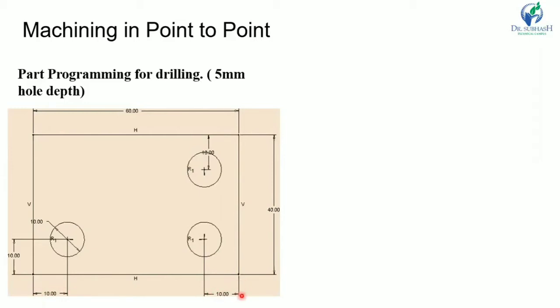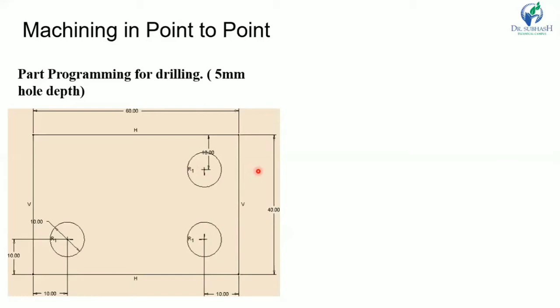The distance between these two holes is 40 mm, and the distance between these two holes is 20 mm. This distance is 10 mm, and this distance is also 10 mm. So the distance between these two holes is 20 mm.